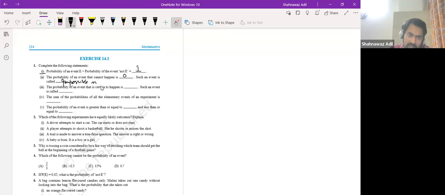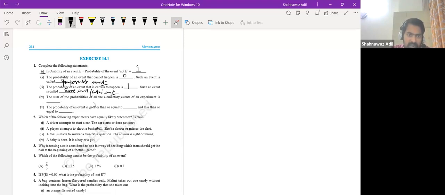And now, Abhi, the probability of an event that is certain to happen is 1, and such an event is called a sure event or certain event, right? Now Tejasvi again.